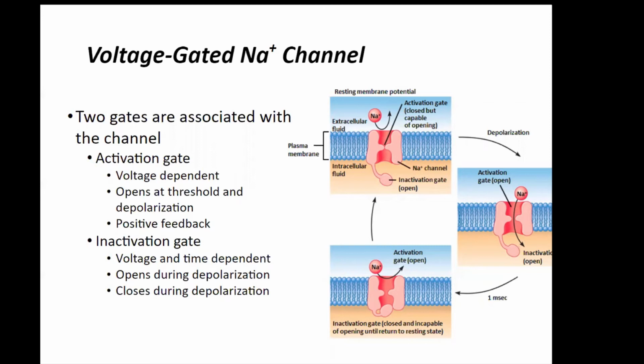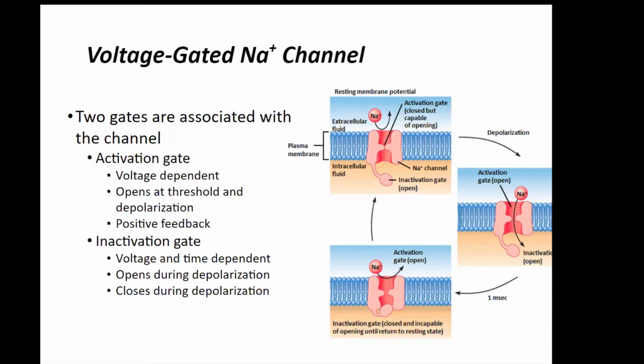So it doesn't close until about a millisecond later. And in that millisecond, our sodium concentration inside the cell has rushed up. The membrane permeability for sodium has rushed up. Our membrane potential has rushed up. And that's why we get to +30 before the change to our membrane potential goes back down.